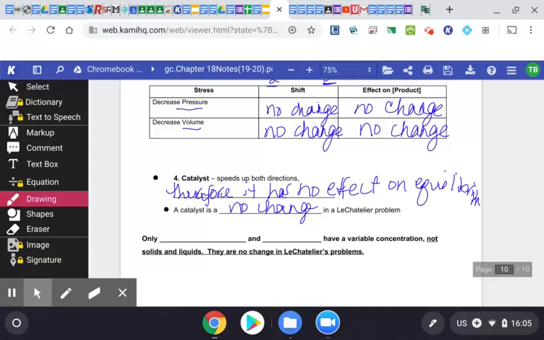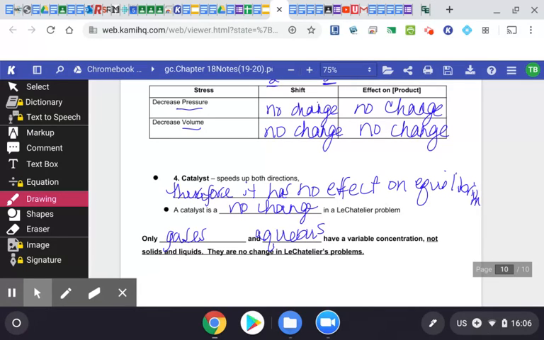All right, the other idea. Only gases and aqueous substances have variable concentration. Remember, concentration is moles of solute divided by liters of solution. Well, a solid, if it's a pure solid, is not dissolved in liters of solution. So it has a constant concentration. And if you have a liquid and it's a pure liquid, again, it's not dissolved in another liquid. So it does not have variable concentration.